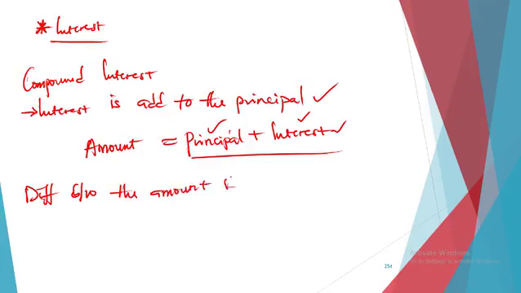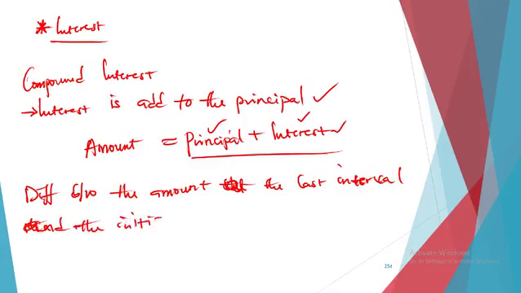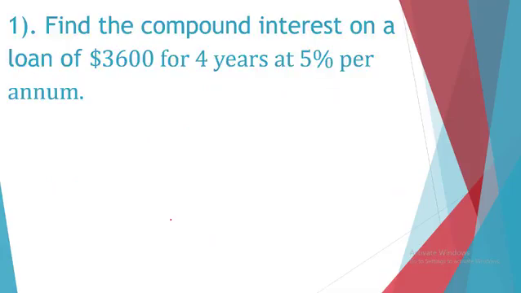Let me say it again: the compound interest is the difference between the amount at the last interval and the initial principal. So let us take some examples quickly to illustrate these definitions.